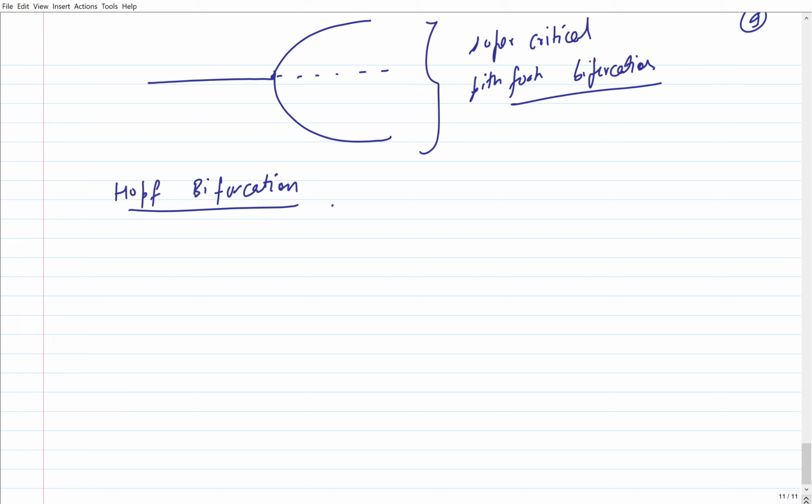So in the Hopf bifurcation, that basically occurs when my eigenvalues are purely imaginary, or in our jargon, the trace of the Jacobian is 0, and the determinant, which is the product of the eigenvalues, is greater than 0.